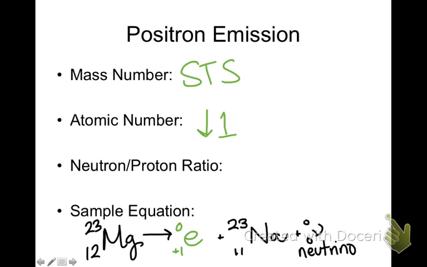Let's look at what happens to the neutron-proton ratio. In this isotope that I start with, let's start with protons. Protons are 12, that's the atomic number. And the neutrons then must be 11, because 12 plus 11 makes 23. So that is something that is less than 1.